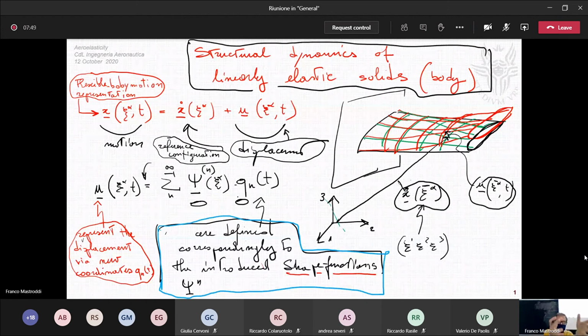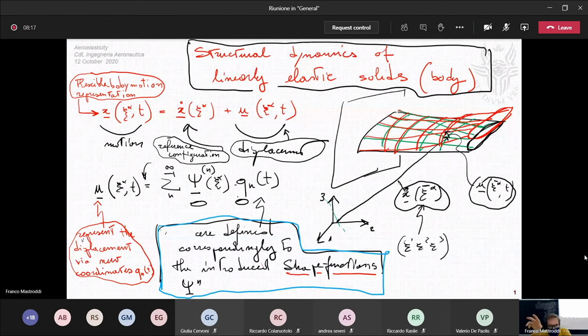The first one, the shape functions, are functions which are given by the designer, by the engineer. So I have to choose these functions in order to represent, time by time, the solution in space. So these are shape functions to be decided. And the qn are the corresponding coordinates.